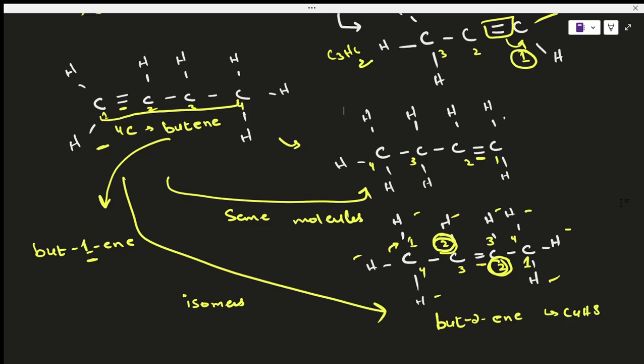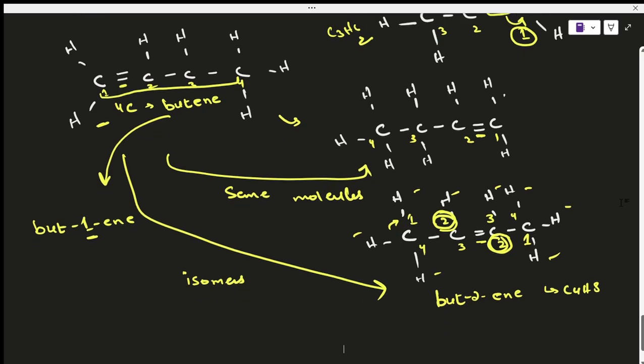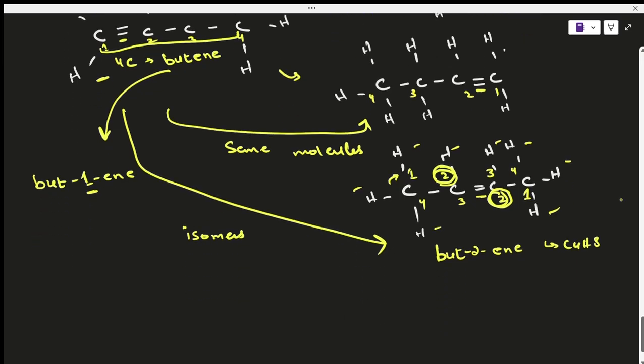Let's say I were to give you C5H10, and I were to ask you, is this an alkene molecule or not? And how do you know that?